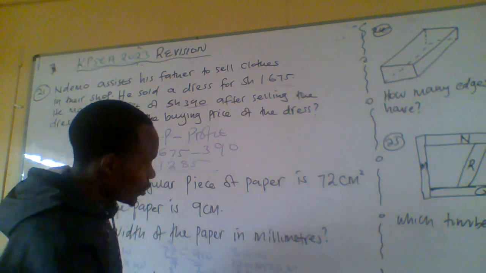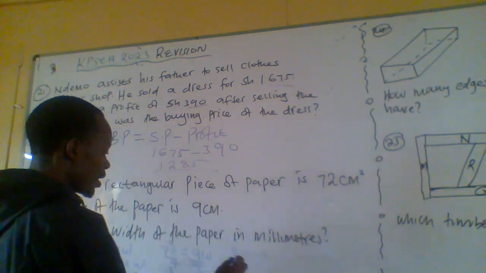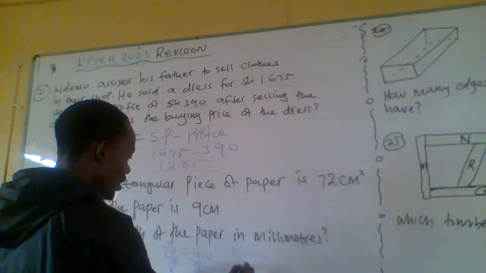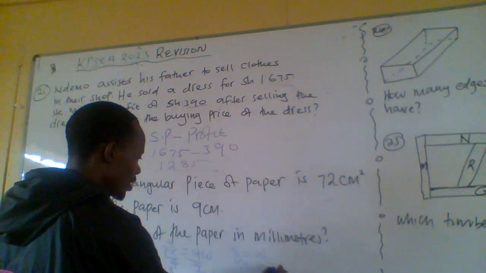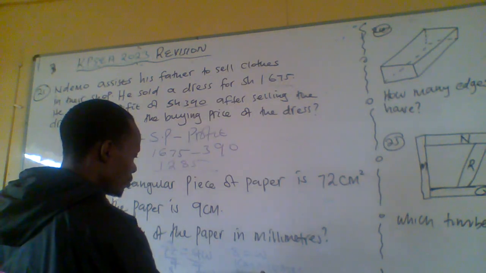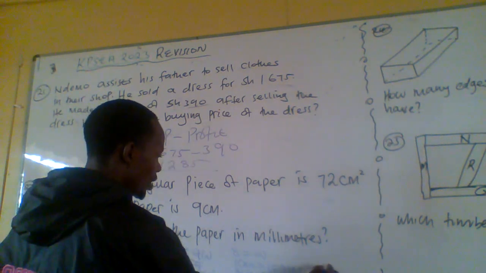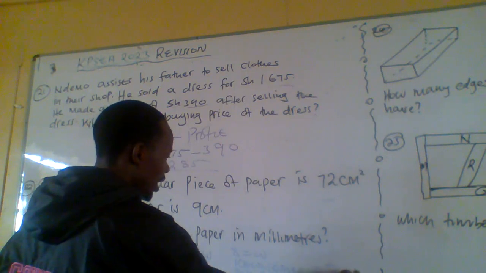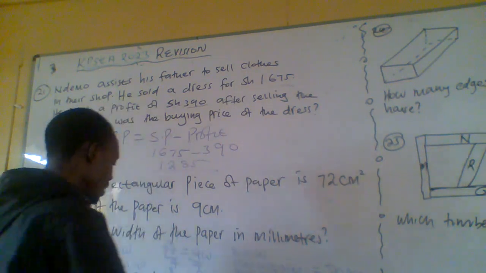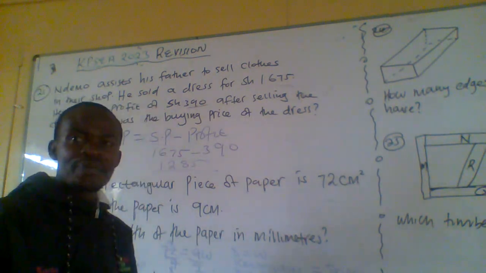I think we need to arrange it systematically to avoid confusion. So let us say 1 centimeter is equivalent to 10 millimeters. Now, if it is 8 centimeters, it will be 8 multiplied by 10, and our answer will be 80 millimeters.